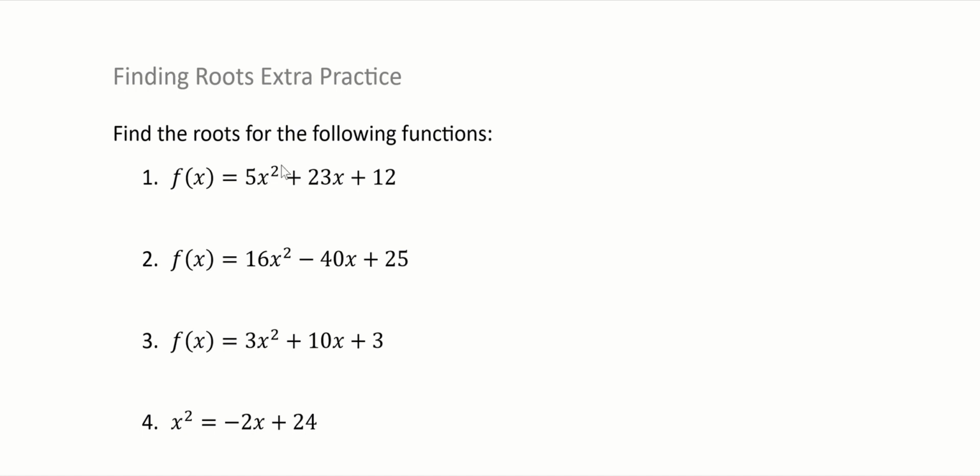So then the method I'm going to employ is the A times C method, which again, this is a name that we've been calling it, but that's not what other people will refer to it as. Okay, so step 1 is I'm going to take A, which is 5, times C, which is 12, and multiply them together, and I get 60.